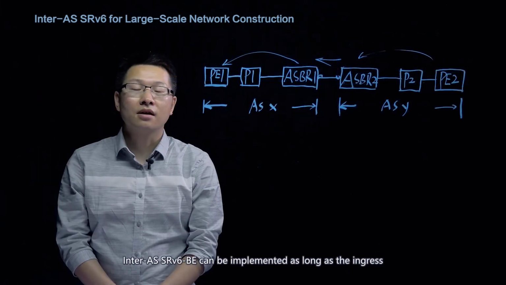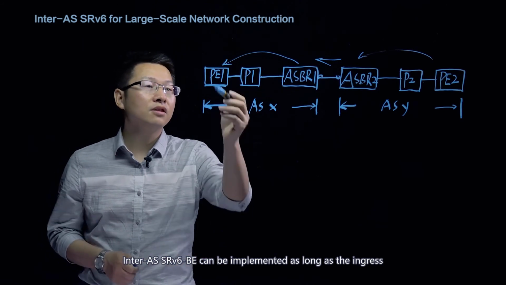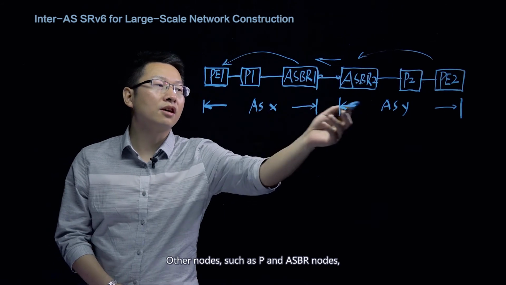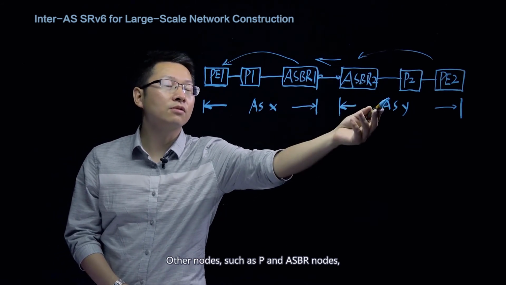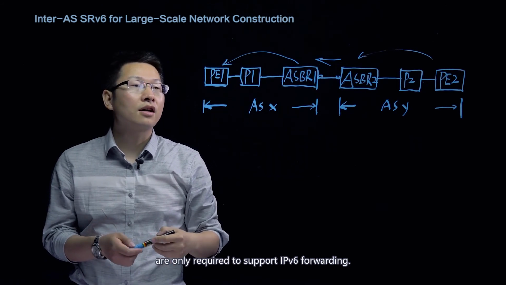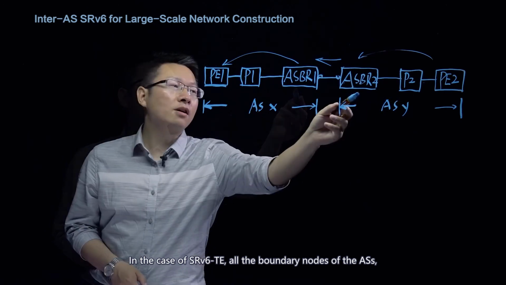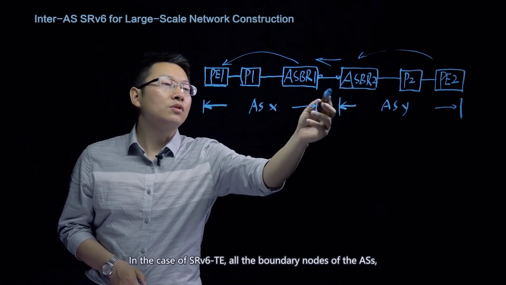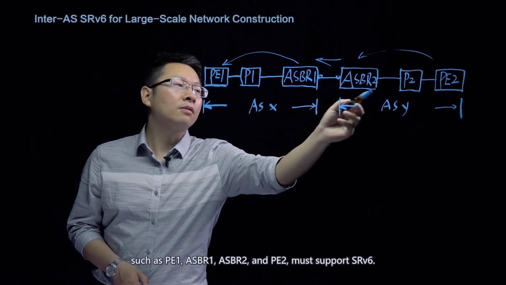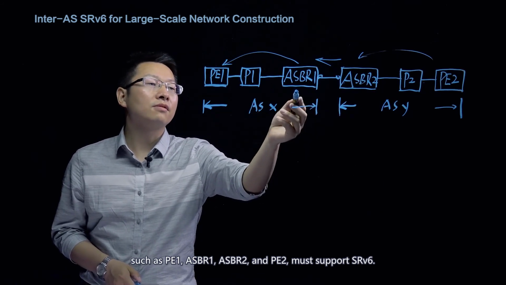InterAS SRv6BE can be implemented as long as the ingress and egress support SRv6. Other nodes, such as P and ASBR nodes, are only required to support IPv6 forwarding. In the case of SRv6 TE, all the boundary nodes of the AS, such as PE1, ASBR1, ASBR2, and PE2, must support SRv6.